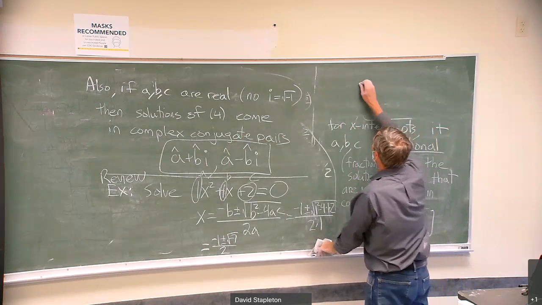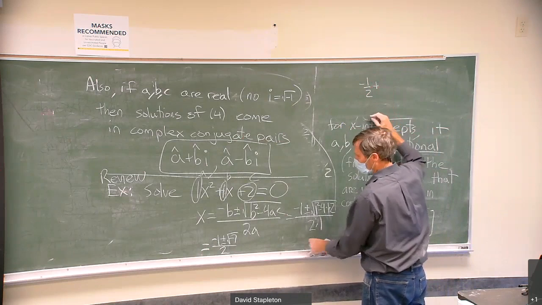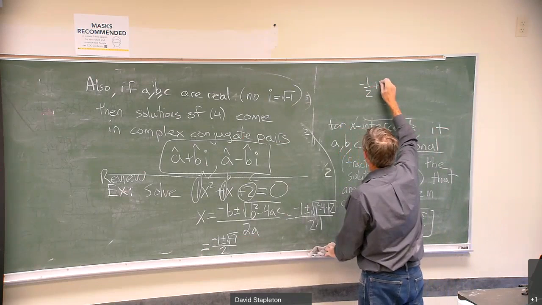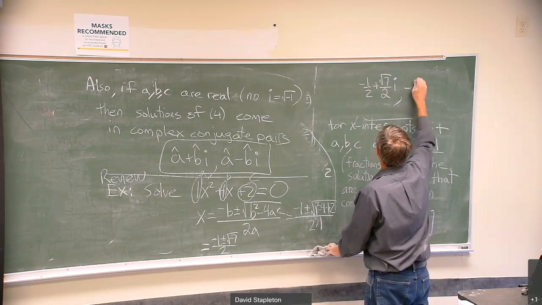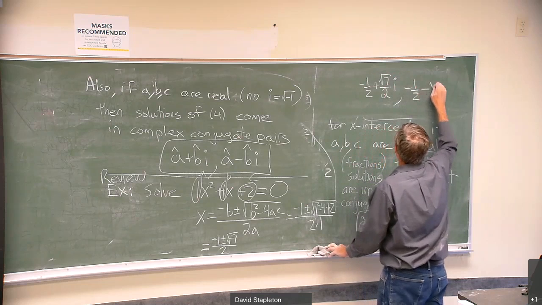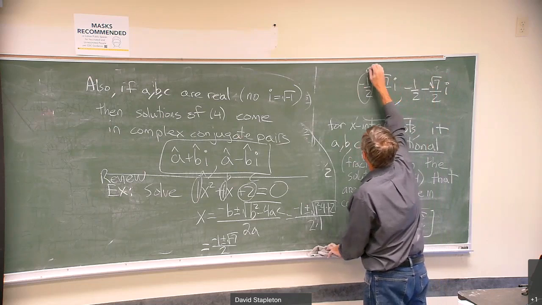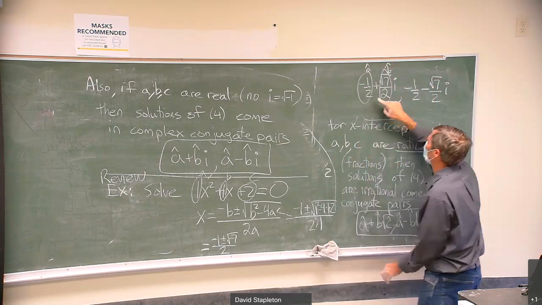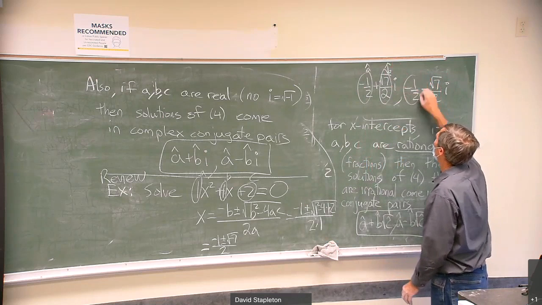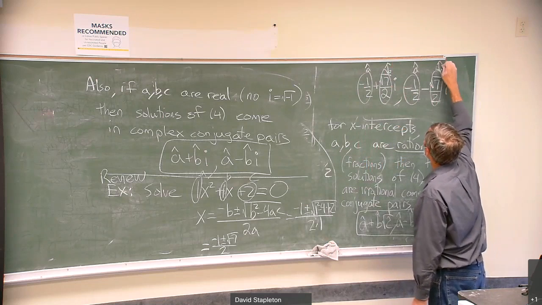Right now, this is minus a half plus square root of 7. The square root of negative 7 can be written as square root of 7 i over 2. And minus a half minus square root of 7 over 2 i. Look, it's an a hat plus b hat i, a number plus a number times i, and the same a hat minus the same b hat times i.